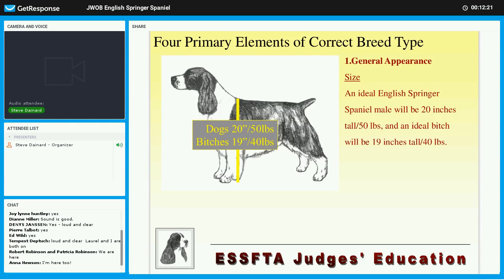Dogs are 20 inches at the shoulder. There is an inch either way allowable, and with bitches it's 19 inches, and again an inch either way. The challenge here is that when you see a 19-inch dog, it's never just height at the shoulder.